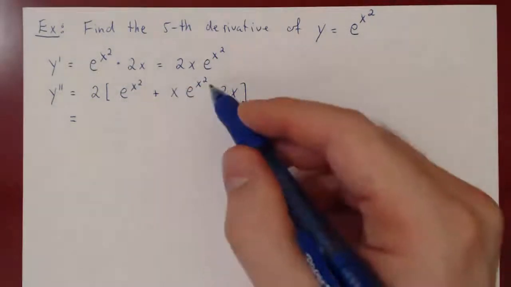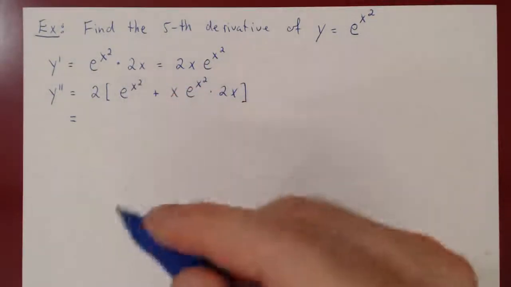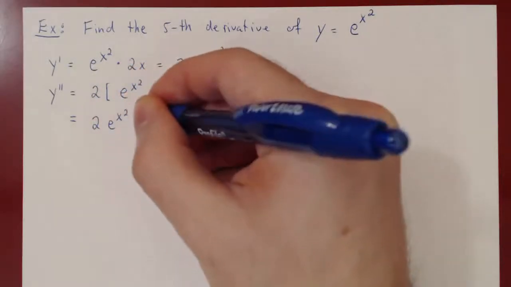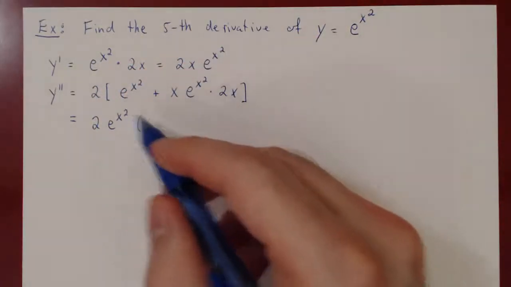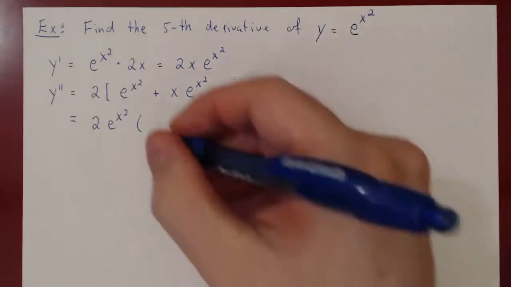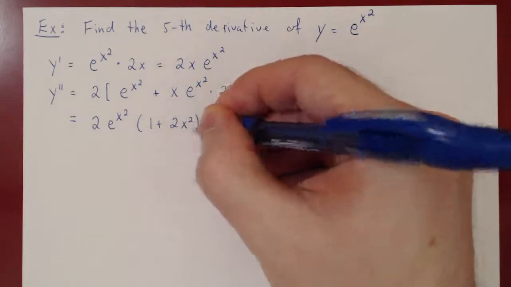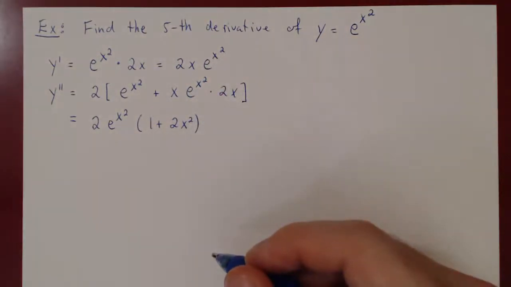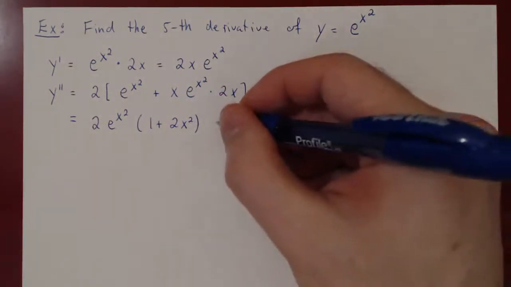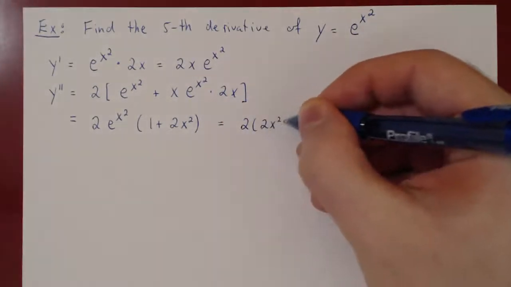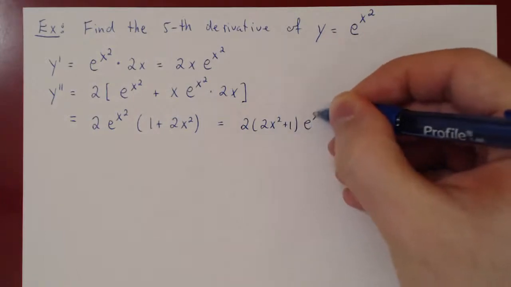We can factor from these two terms e to the x squared. So we'll have 2 e to the x squared, and we'll be left with a 1 here and a 2x squared here. So 1 plus 2x squared. We can write this, of course, as 2 times 2x squared plus 1 times e to the x squared.